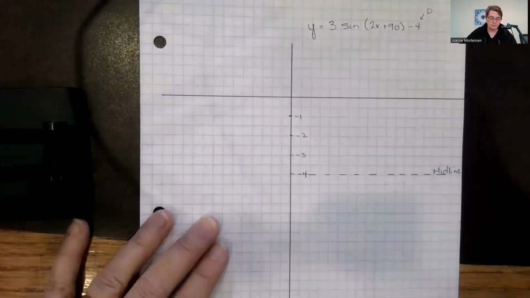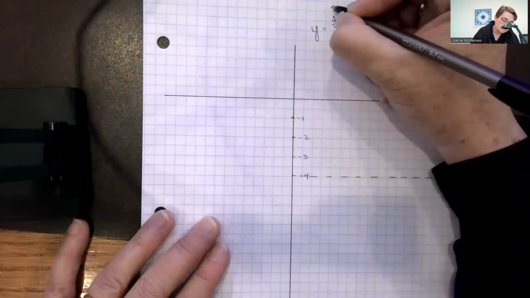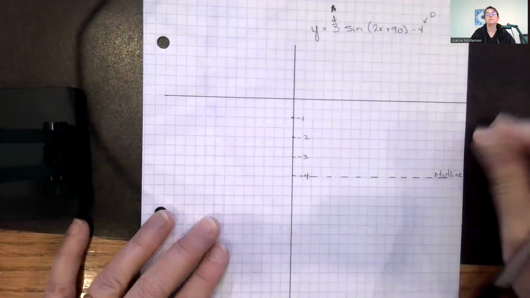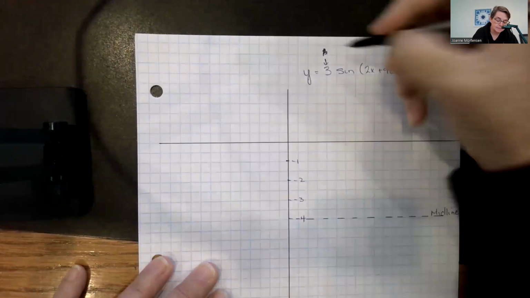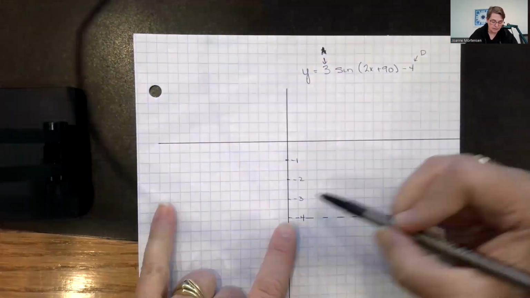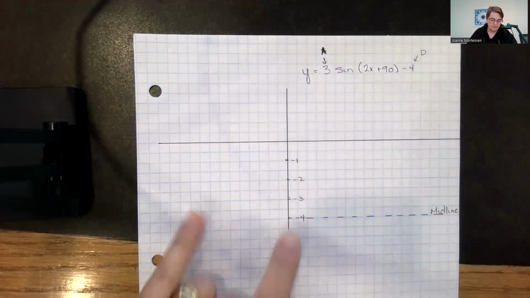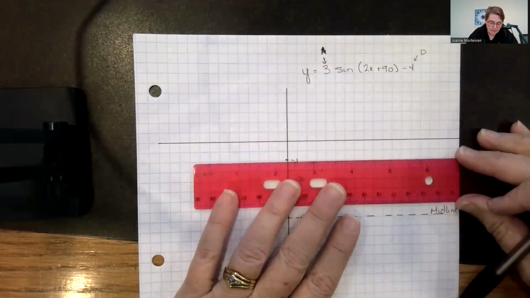Okay, so our A value, whoops, don't write it 3. Oh, show on the camera. There's A. So from here, I'm going to count up 3. So 1, 2, 3. So my maximum is going to be up here.